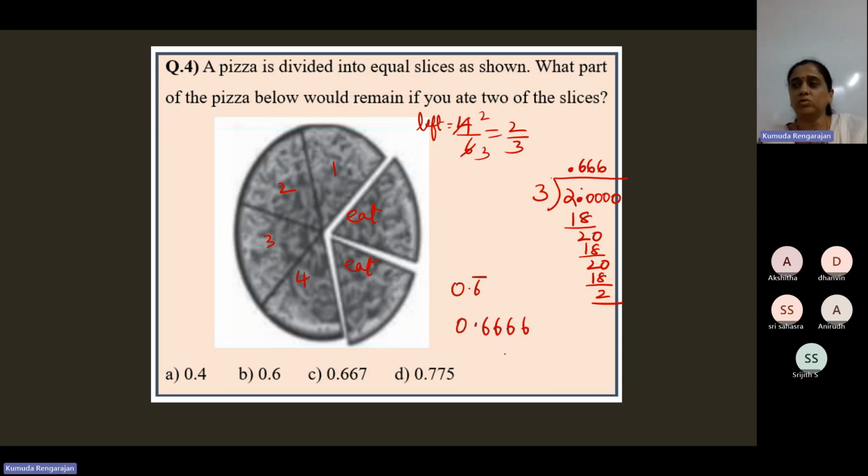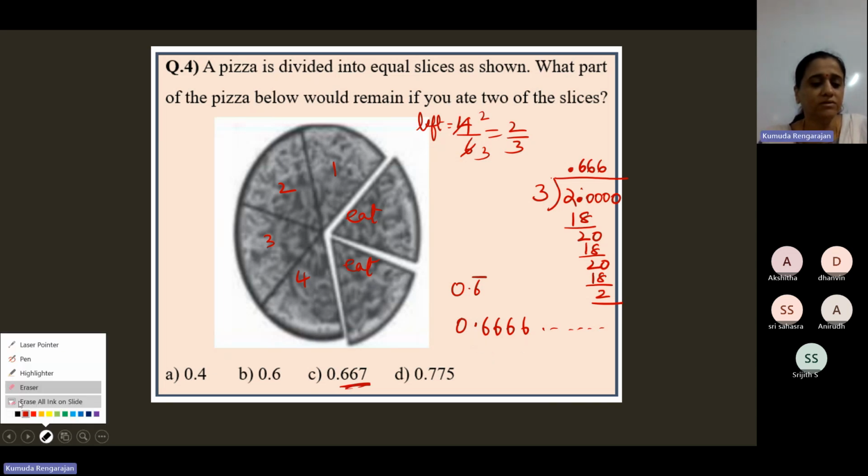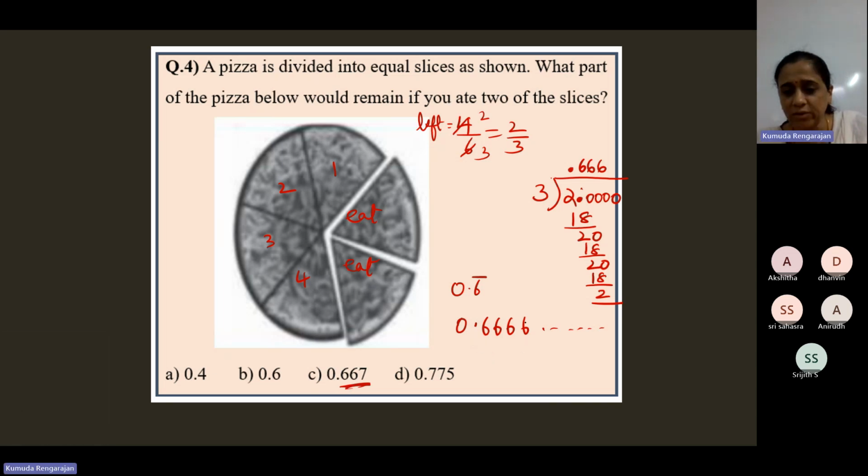So what we do now to round off this number, we take away the last digit. See, this is actually going on forever. Okay, so here we have this option. Closest to this one is this option. Why? Because we take 4 sixes. So when you round off this, you must take away the last 6 and increase this one by 1.